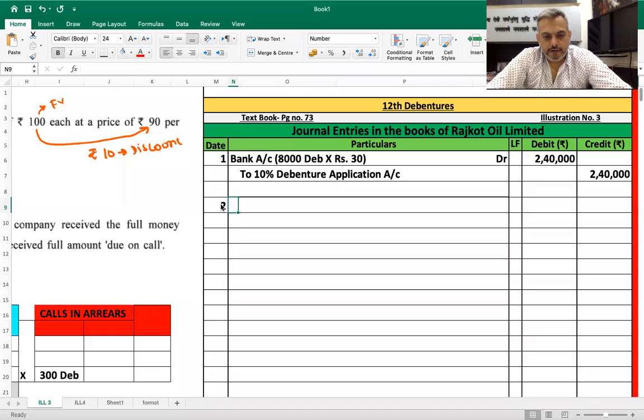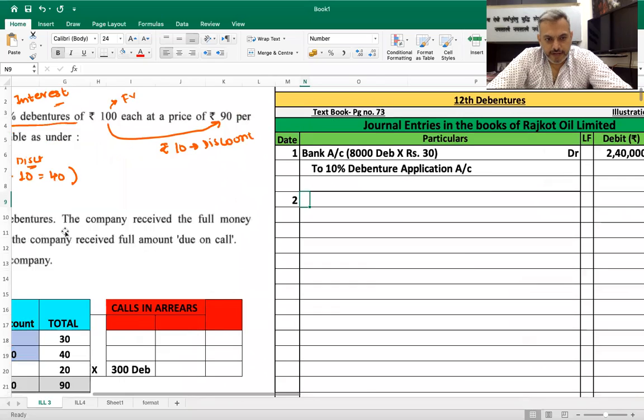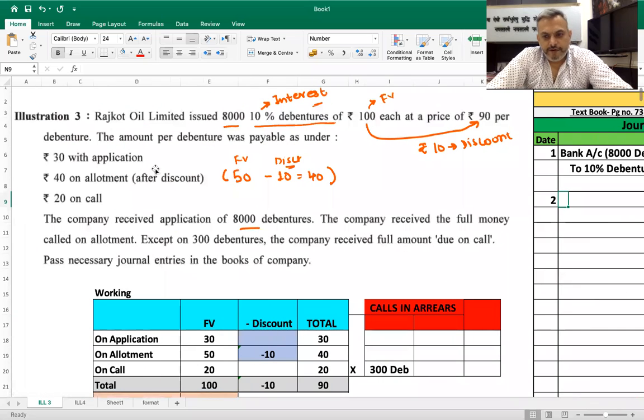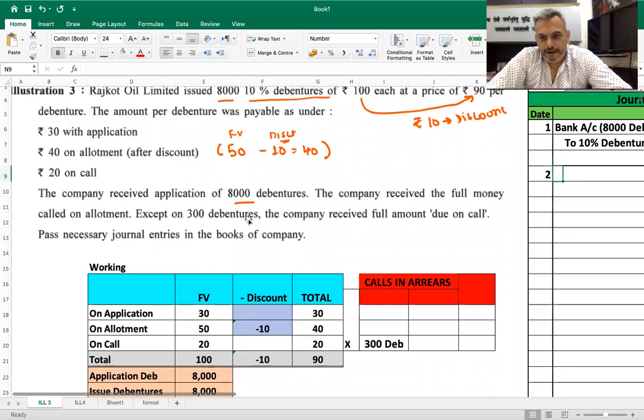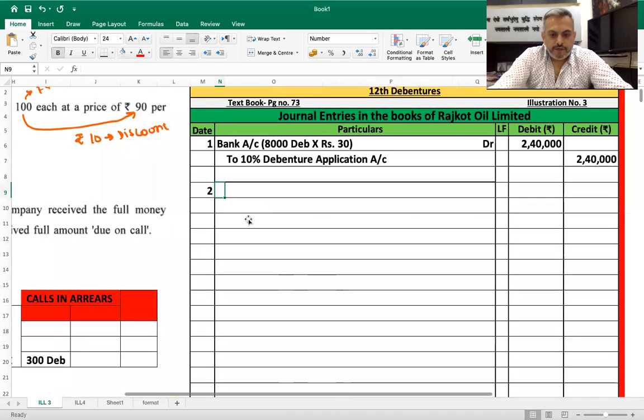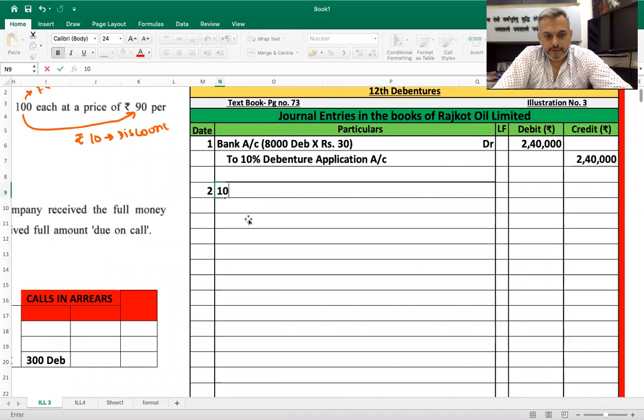Second, now we got the money, so we transfer it to our debenture account. So 10% debenture application account debit 2,40,000, no refund, nothing.